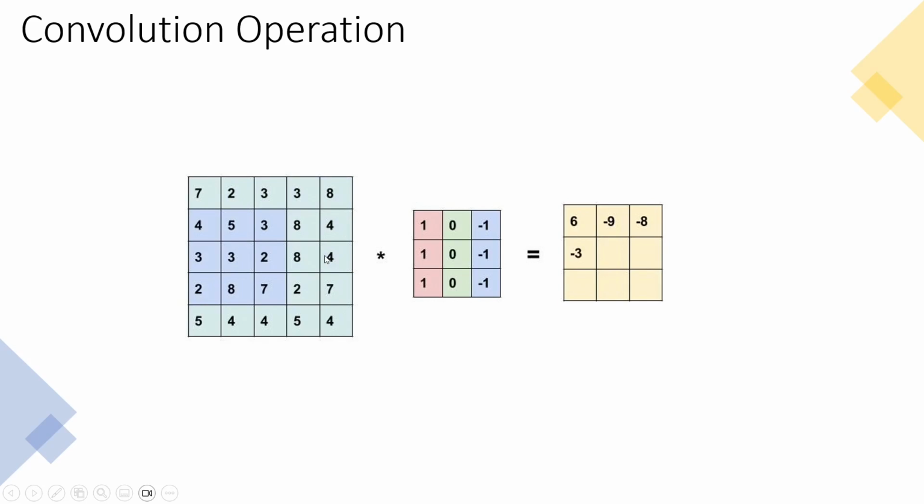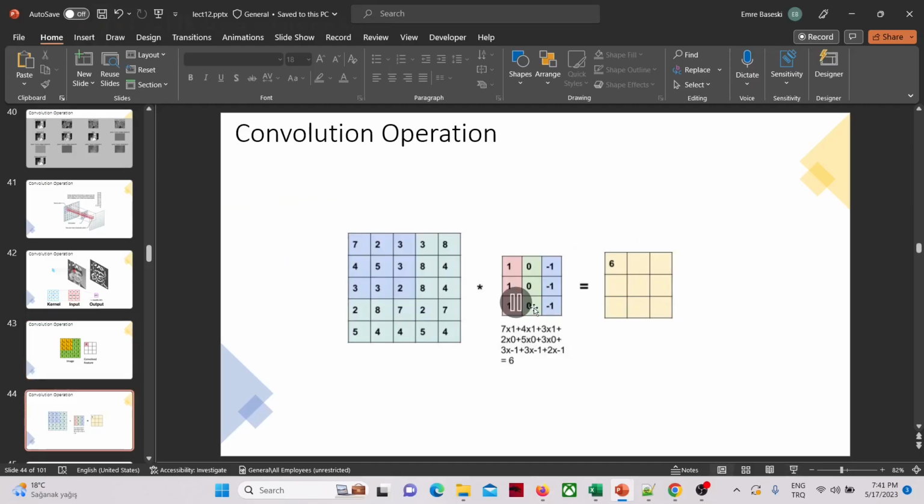So let's try to make another example. So basically what we do is we convolve this with this. That's 7 times 1, you see here, plus 4 times 1, 4 times 1 here.